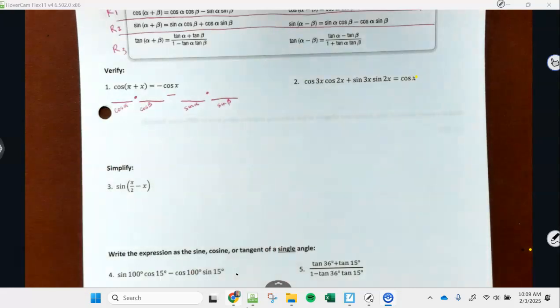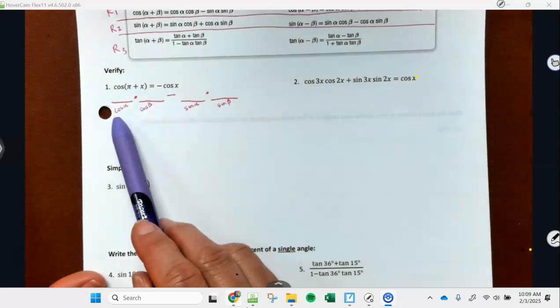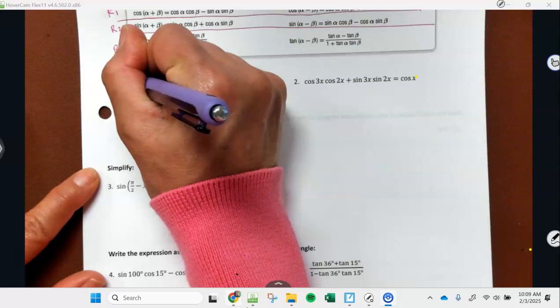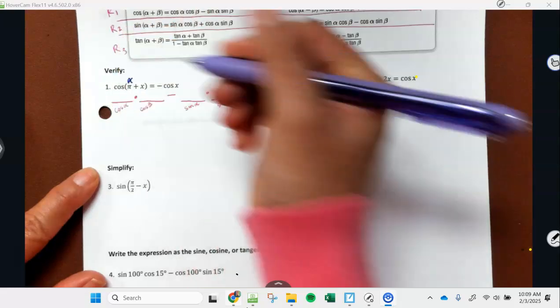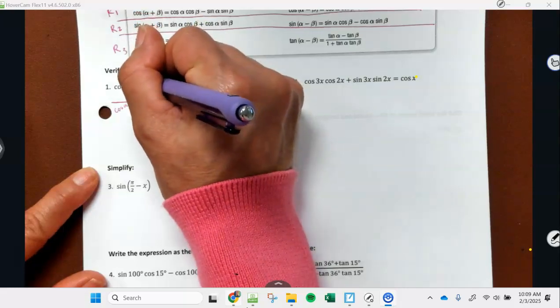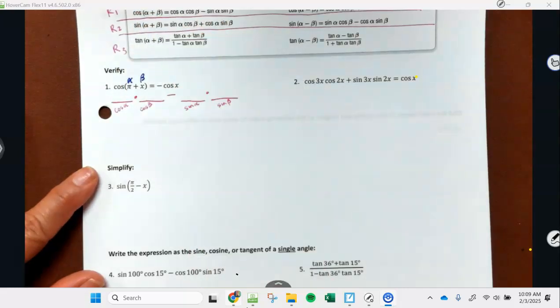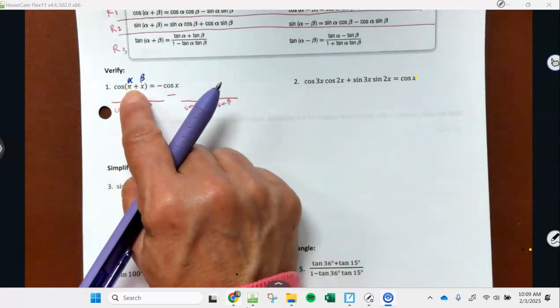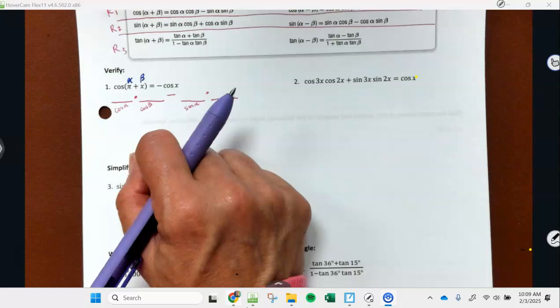We're just going to plug in some stuff here. We're going to plug in what we know, leave out what we don't know. I need cosine for alpha. Guys, remember the very first term in the parentheses is alpha. After the parentheses is beta. So do we know the cosine alpha? Do you know the cosine value for pi?